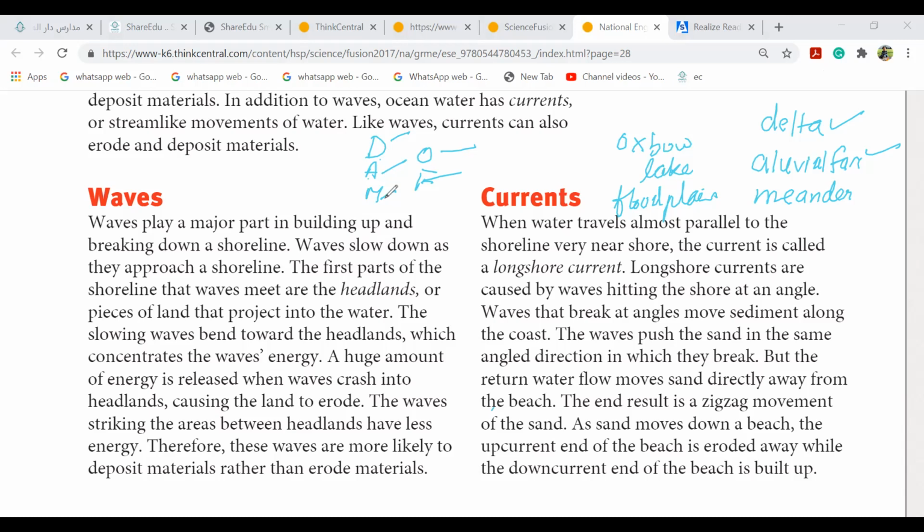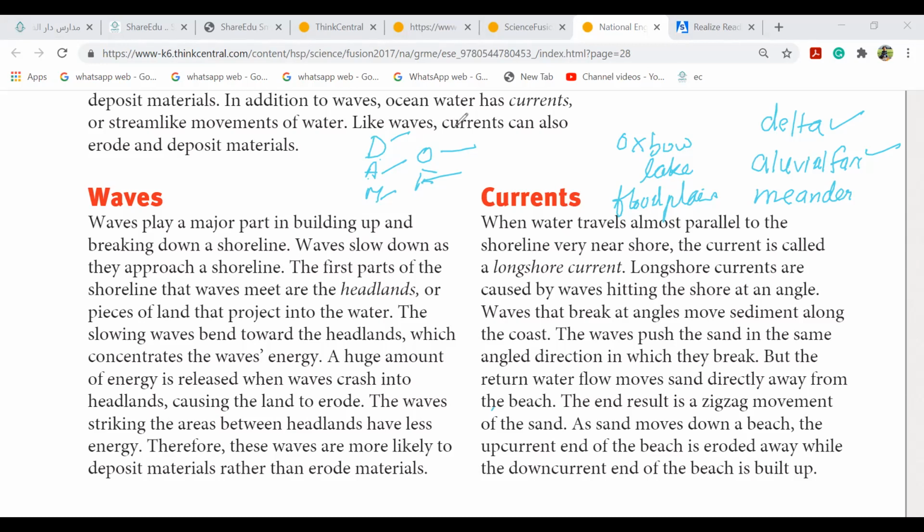M is for meander. O is for oxbow lake. And F is for floodplain.